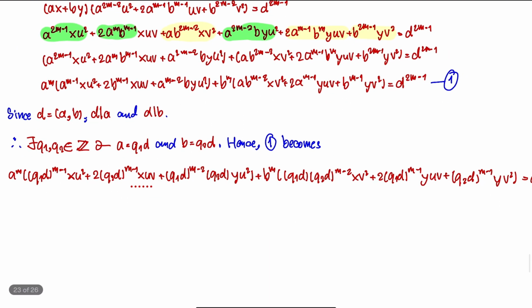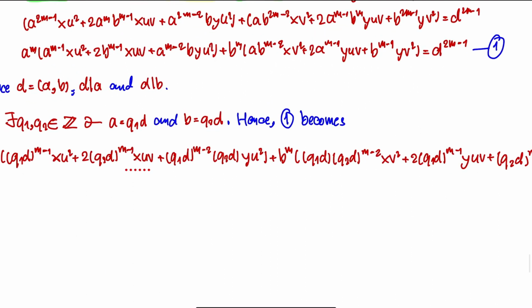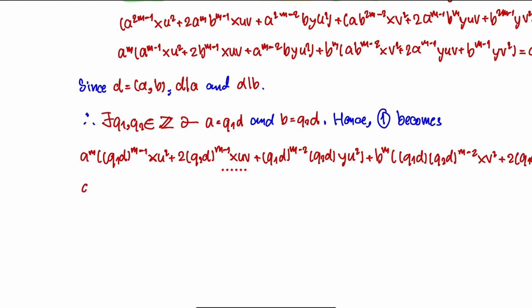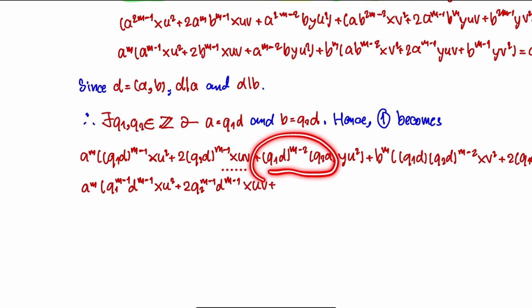Okay, so let's deal with this, right? Take a look at this term. We're going to have a to the m q1 raised to the m minus 1 d to the m minus 1, x u squared plus 2 q2 to the m minus 1 d to the m minus 1, x u v plus, okay, combine these terms with this one, we have d raised to the power of m minus 2, this is d to the 1.